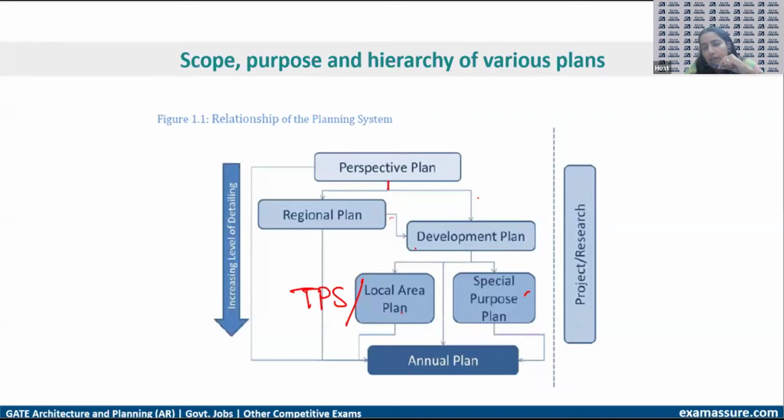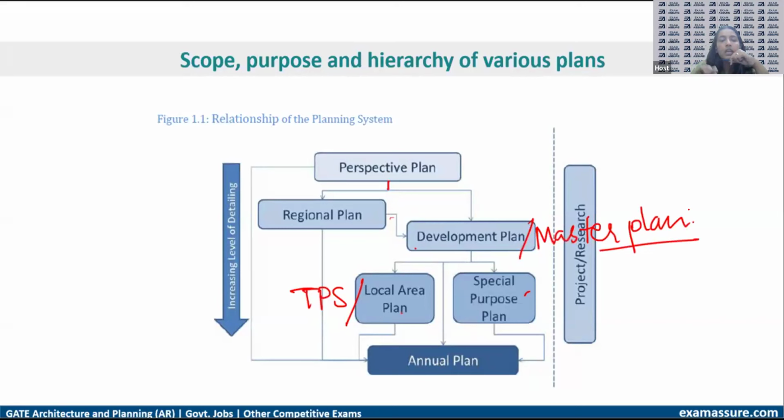Yes, the city development plans formed under JNNURM were also a part of the special purpose plans. Master plan, Javed, is parallel, or the term is used interchangeably with the term development plan. So here, development plan or master plan.